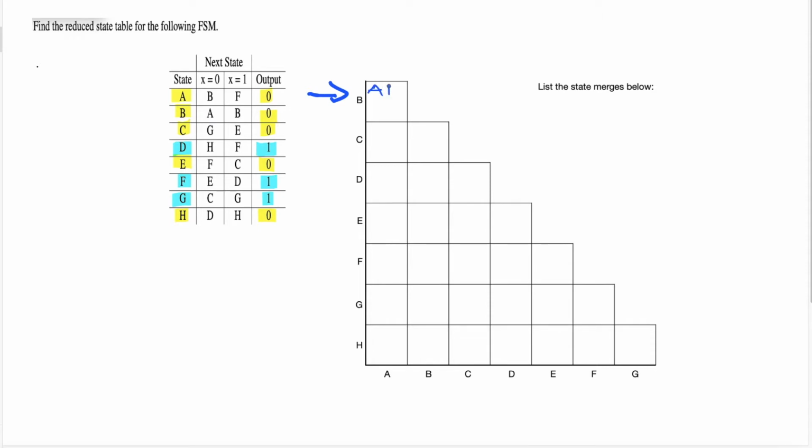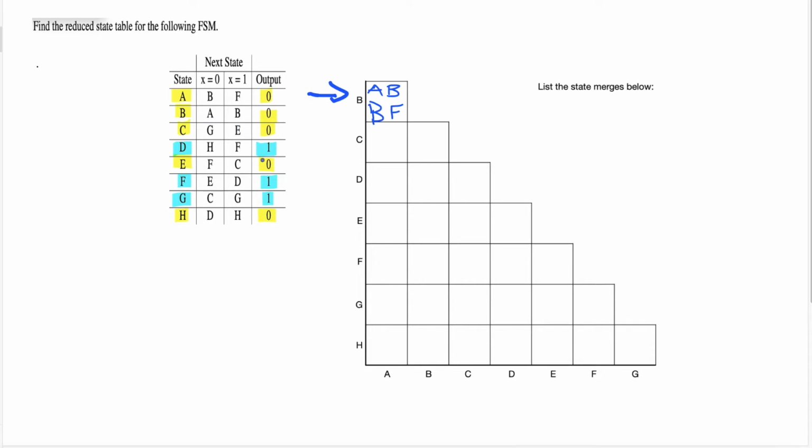And then for A, we're going to write their letters at the bottom. For A, we have B and F, so we're going to write B and F. That is how we filled out the first box. For BA, we have AB at the top to represent the B part, and for the horizontal part, A, at the bottom, we have B and F to represent their next state values.